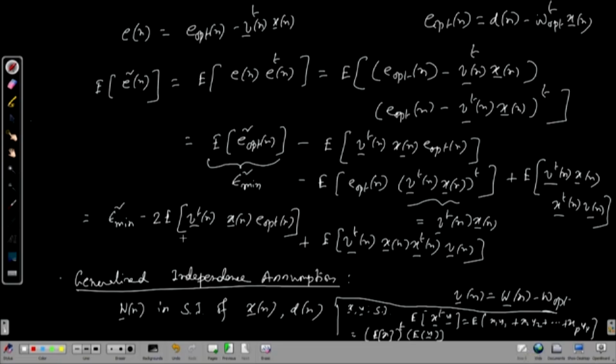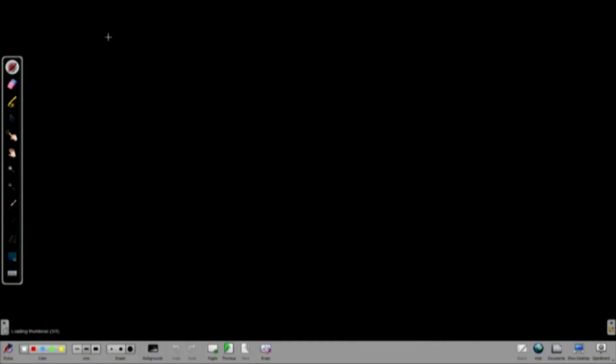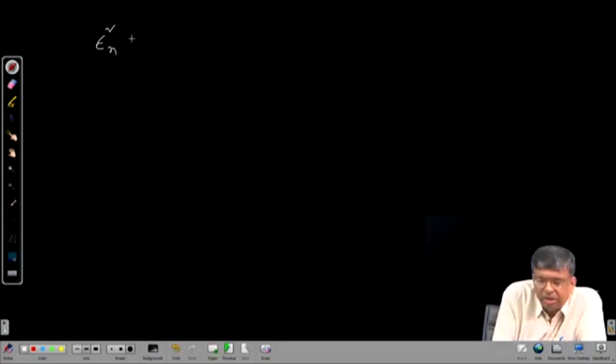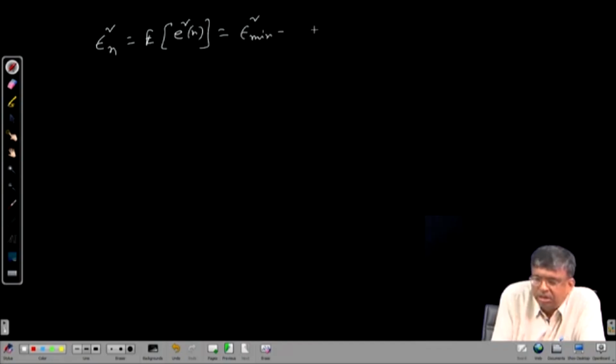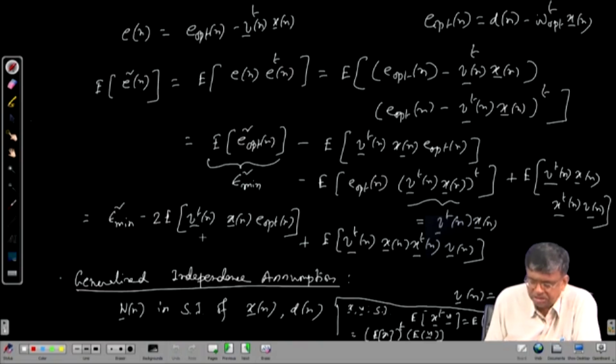That means, this will be the expectation of V transpose n into the expectation of this, the expectation of x n into E of 10. This we can do. Let me give a name to this, the variance. This will have this component minus twice E of this and then E of this.